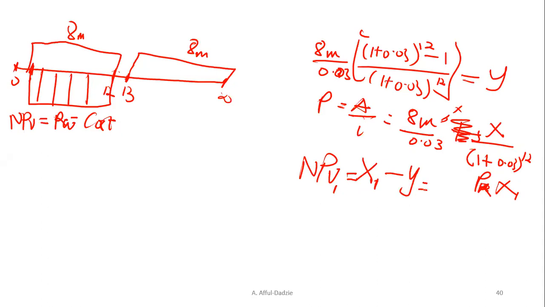The interest rate 1 is 3%. Then we go over this procedure again with another arbitrary interest rate.